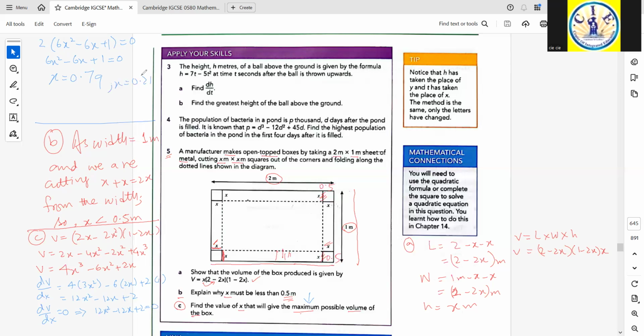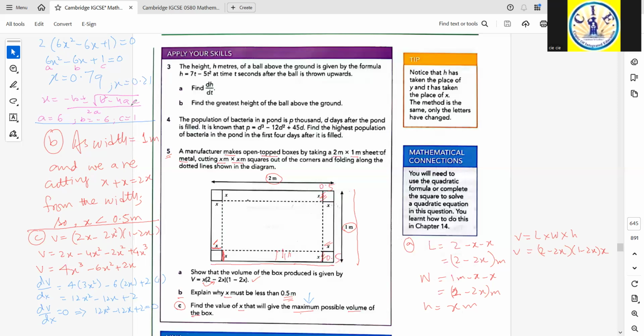We have applied the quadratic formula: x is equal to negative b plus or minus the square root of b squared minus 4ac, divided by 2a, where a is 6, b is negative 6, and c is equal to 1.